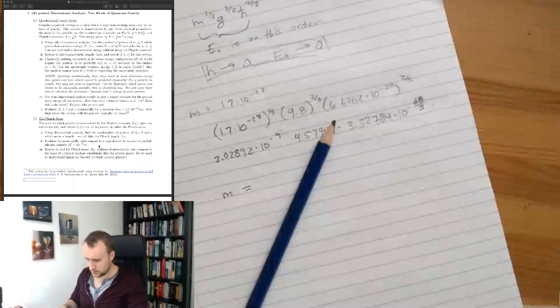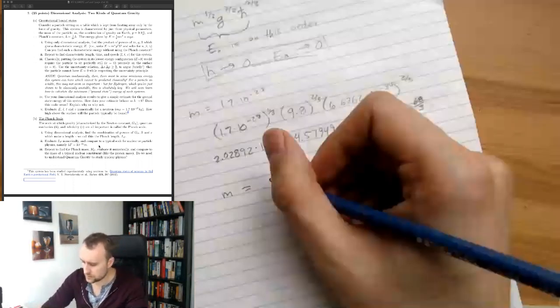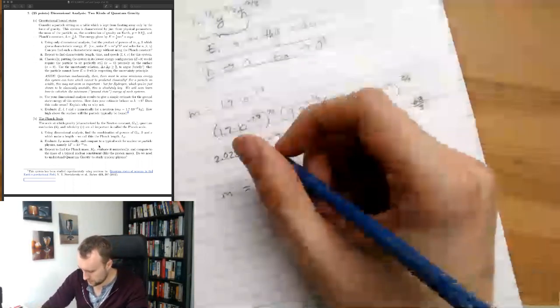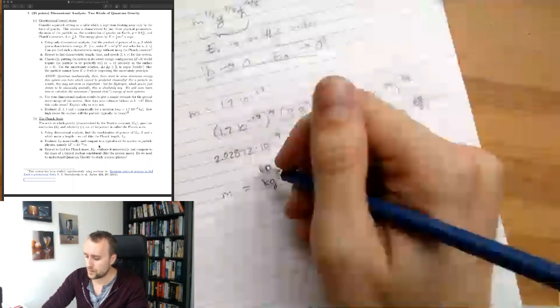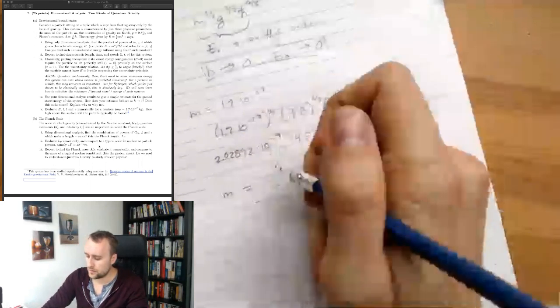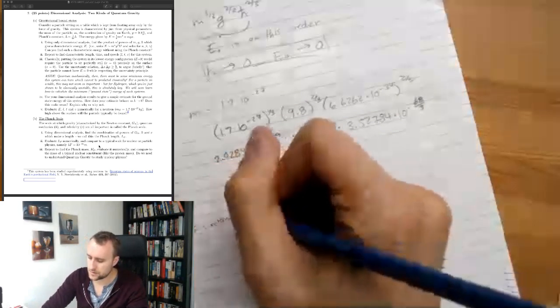Gravitational constant uses force. Now, force is equal to kilograms squared. No, hold on a second. Force is equal to mass times acceleration. Force is equal to mass times acceleration.